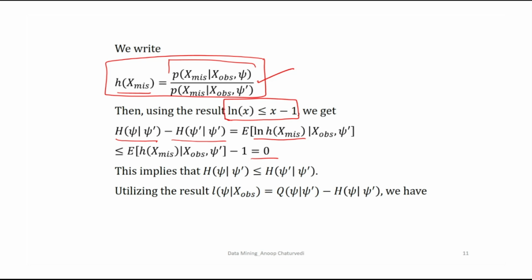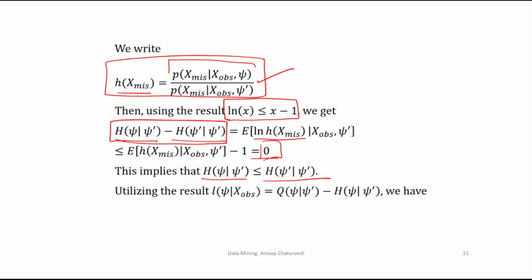Now this implies that H(psi given psi dash) minus H(psi dash given psi dash) is less than or equal to 0, or H(psi given psi dash) is less than or equal to H(psi dash given psi dash).